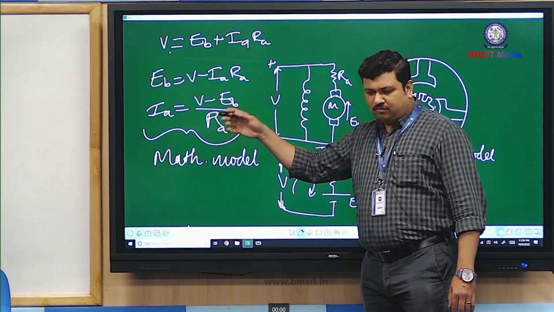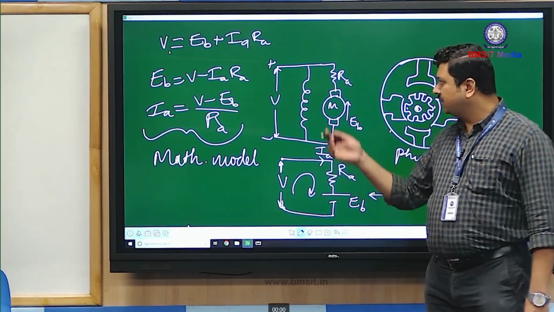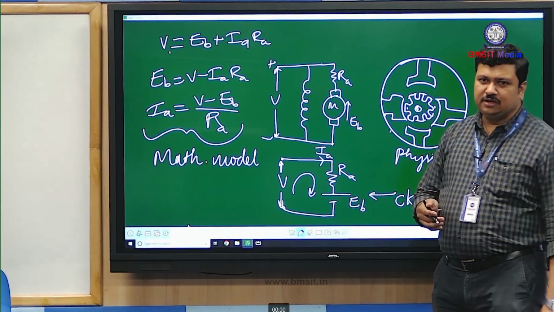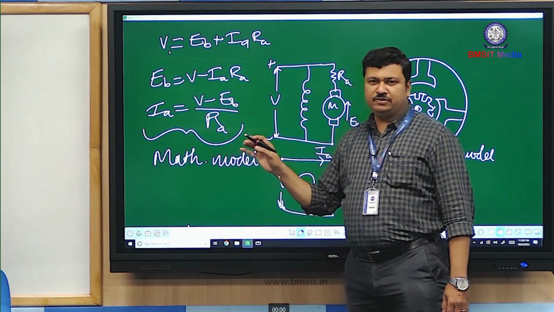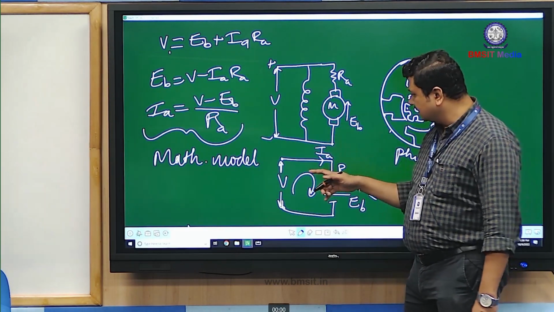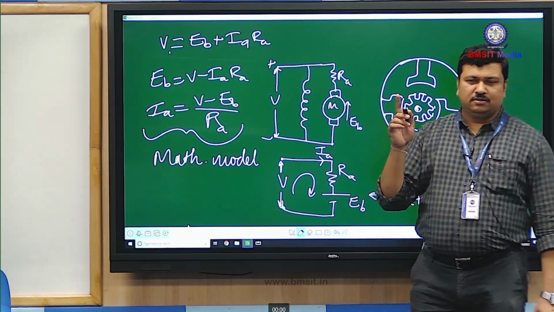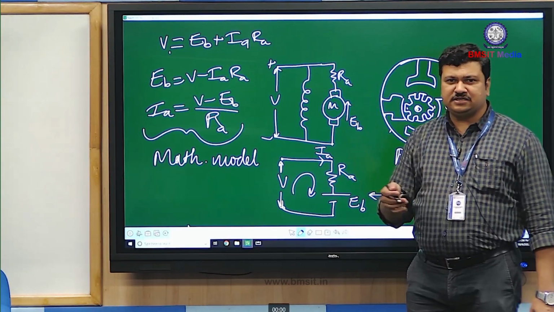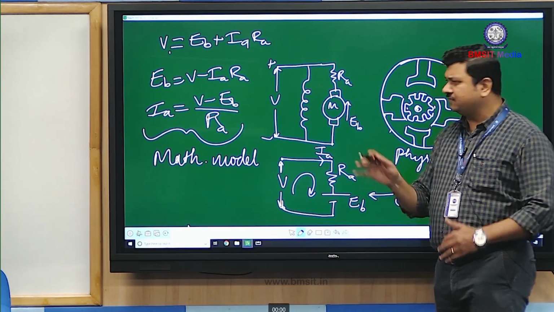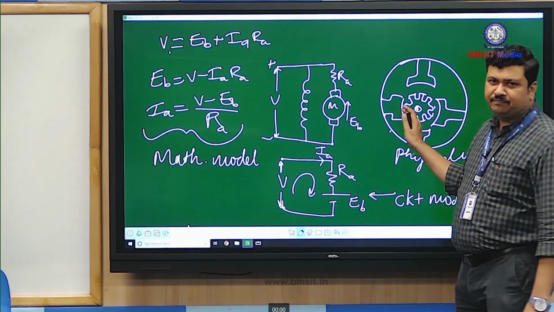So what we are doing in this particular concept of transient study is, I want to get the mathematical model of the system, which is represented by the electrical circuit in terms of source, resistor, inductor and capacitor, that is the representation of some such physical system.